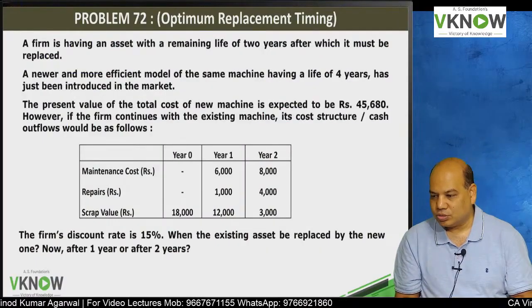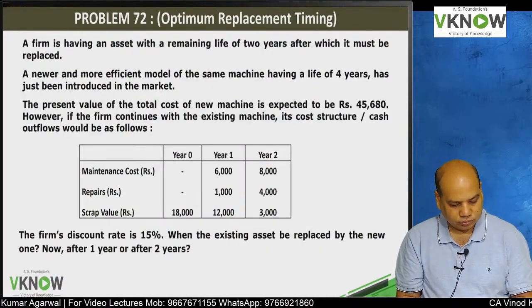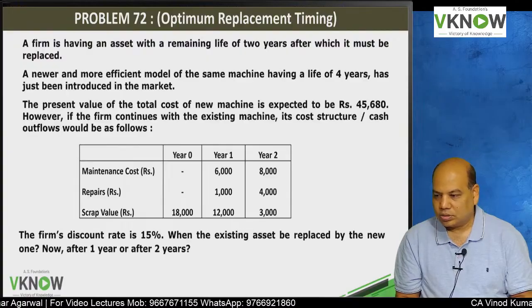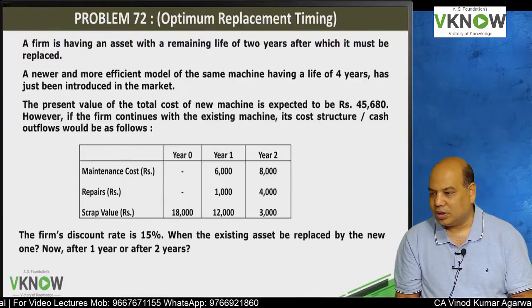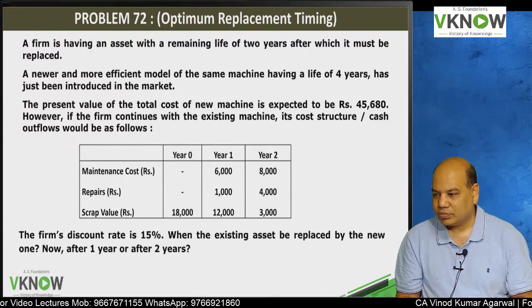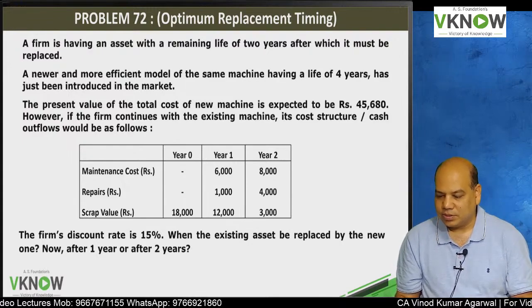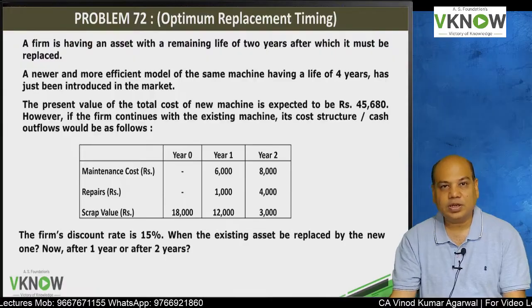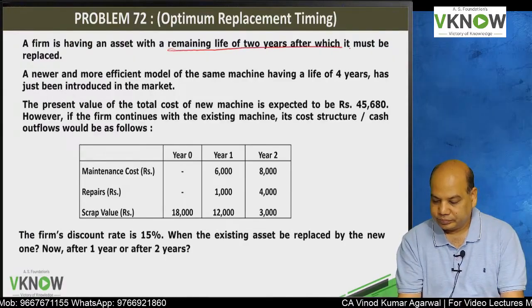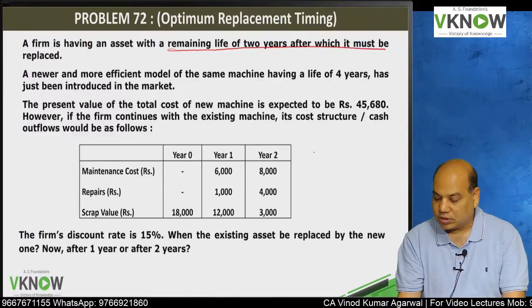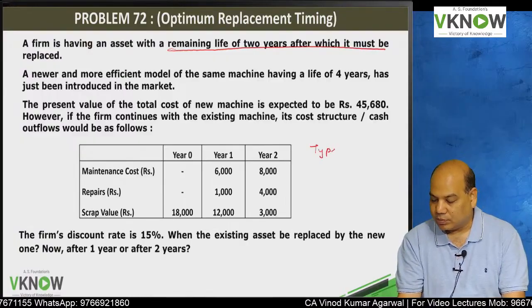Question number 72. A firm is having an asset with a remaining life of 2 years, after which it must be replaced. Now this is the replacement of an existing asset. This is the second type of problem, type 2 problem.